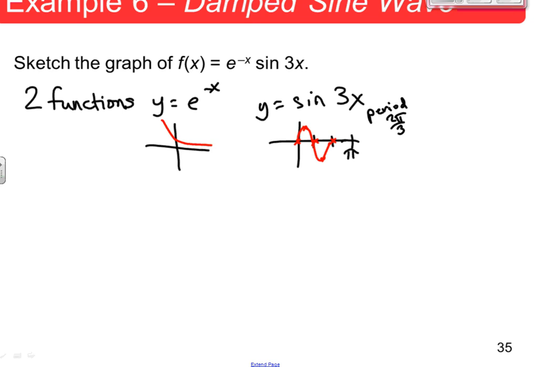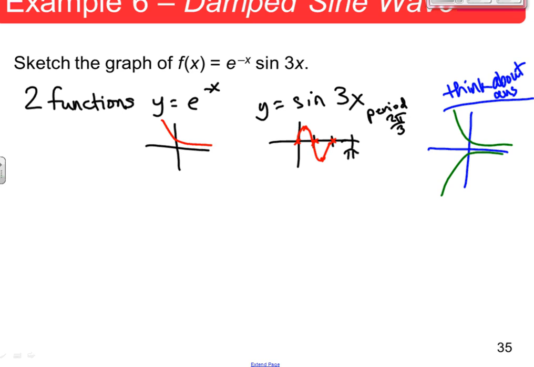And if you just kind of get that in your head, right away I can kind of think about my answer. Before I do the mathier part of figuring that out, I'm going to have this, and I'm going to have this. And then my sine function is kind of going to go oscillating somehow in between those two.